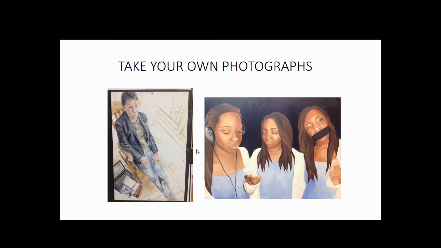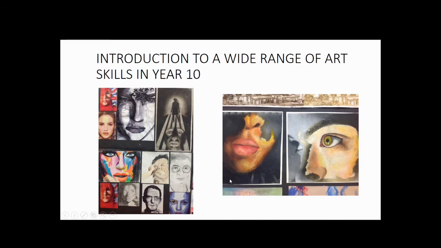So some ideas that students pursue are to do with family and close friends, other ones are to do with issues such as the pressure of social media on young people. Introduction, I mentioned earlier in year 10, that gives you an idea of some of the things you'll do as the heads project. So pen and ink, pencil, a number of these small studies are home learnings, which get added onto your prep sheet at the end of the year.